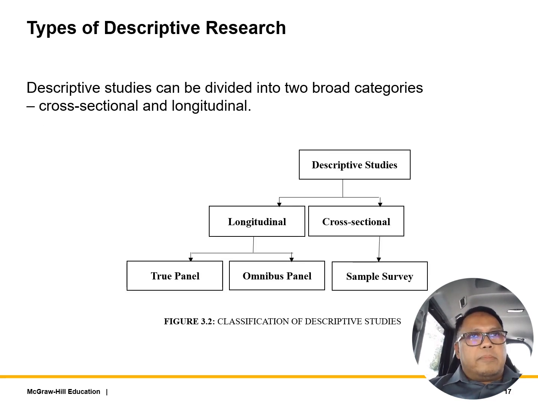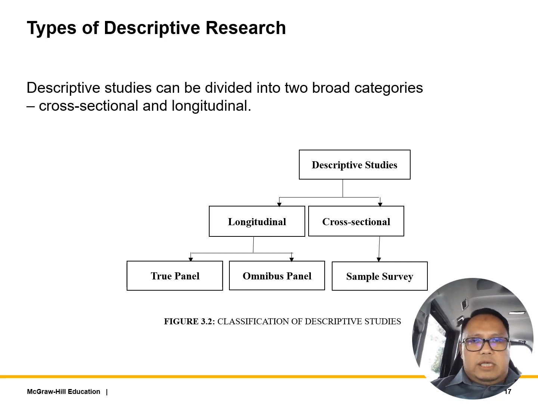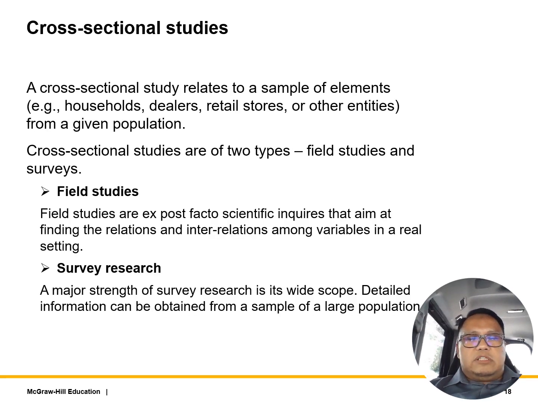And of course, when talking about descriptive research, there are different types, namely longitudinal and cross-sectional. We're going to see these types one by one. Cross-sectional studies normally relate to a sample of elements, for example households, dealers, retail stores, or other entities from a given population.